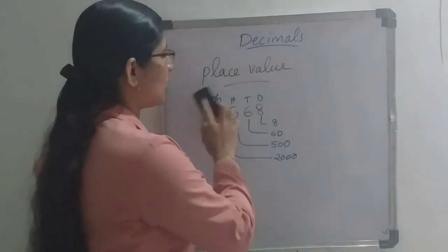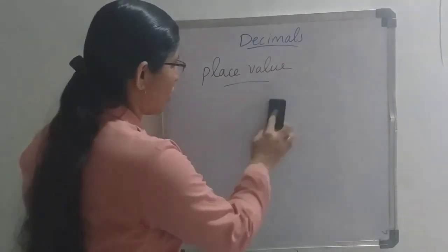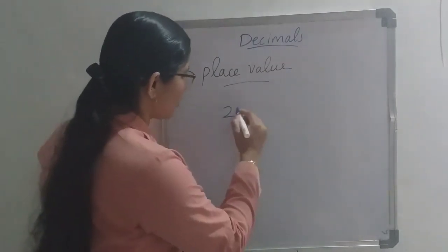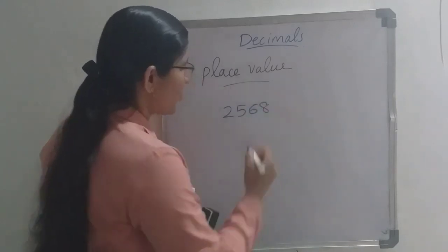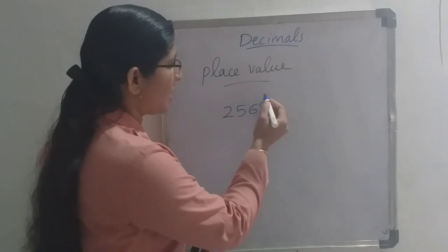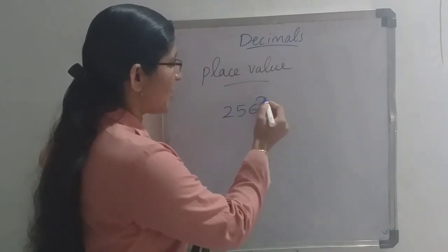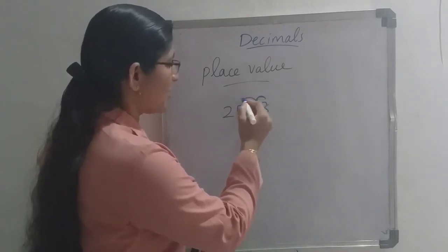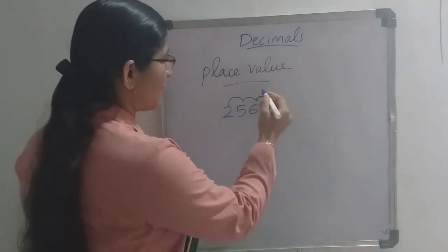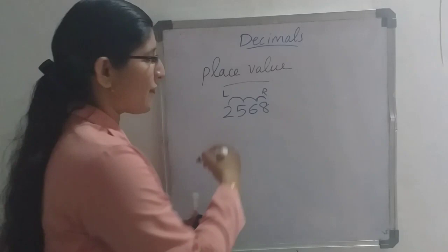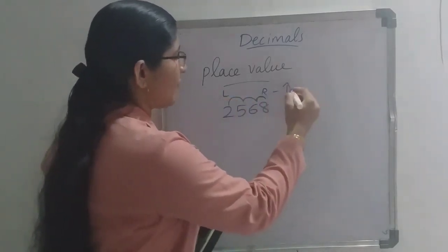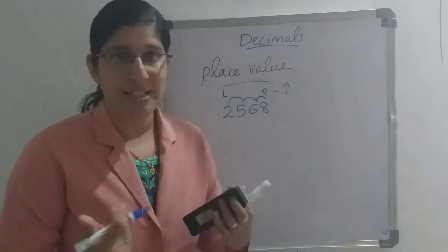Then what about the decimals? What is the place value of a decimal? Once again let me write the same number here, 2568. We are starting from right to left, isn't it? Whenever it goes right to left, the value is increasing.